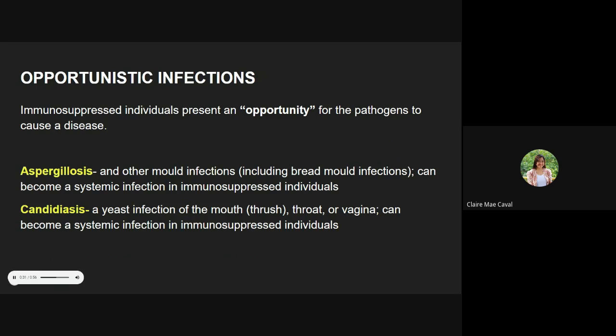If your immune system is very low or if you are an immunosuppressed individual, you present more opportunities for these pathogens or microbes to invade your body and eventually cause a disease. Listed in this slide and the succeeding slides are the different opportunistic infections. So you may read and take a look at these slides.